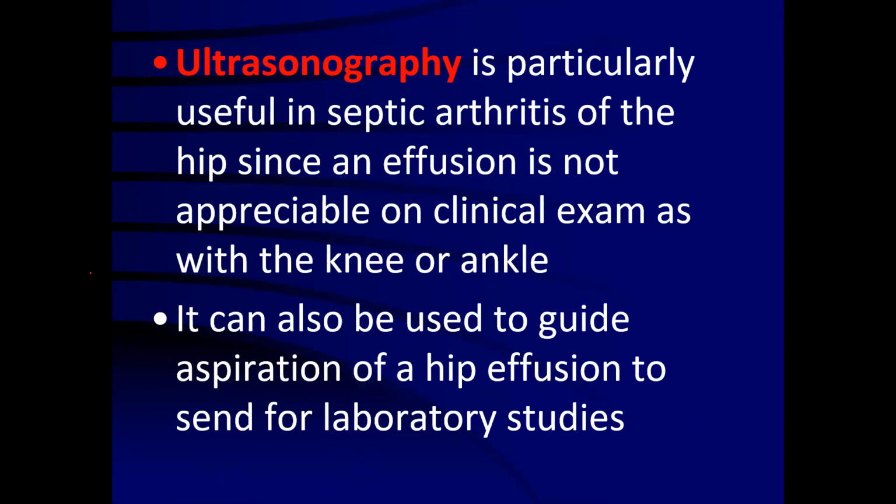Ultrasonography is particularly useful in septic arthritis of the hip, since an effusion is not appreciable on clinical exam as with the knee or ankle. It can also be used to guide aspiration of a hip effusion to send for laboratory studies.